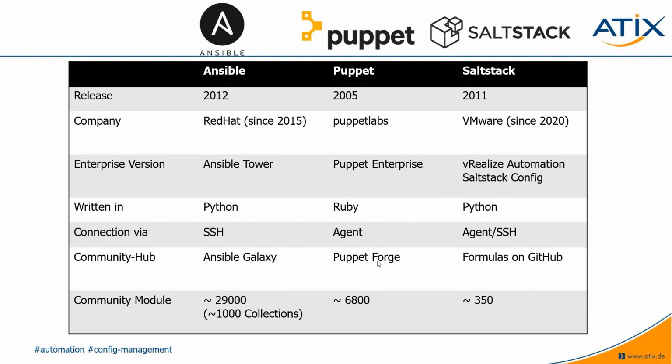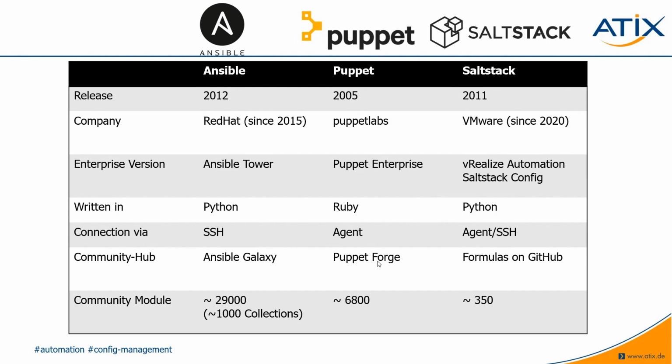So how those tools connect to the target host. With Ansible, this is done via SSH. So Ansible pushes the configuration to the target host, and on the target host, in the end, some Python scripts are executed to configure everything. Puppet has a different approach.